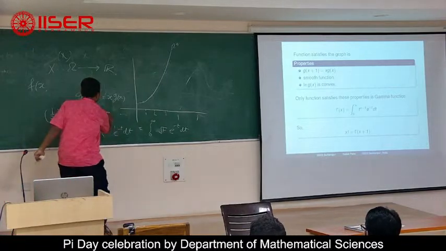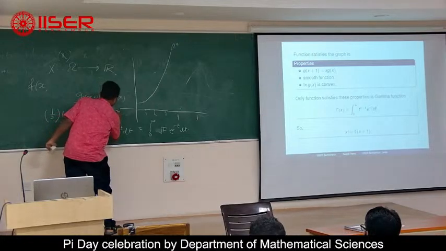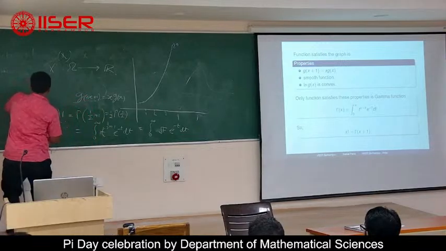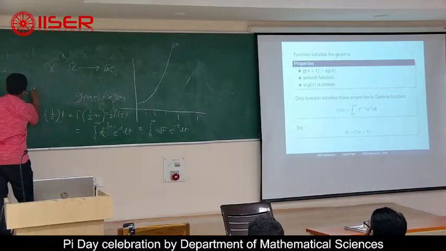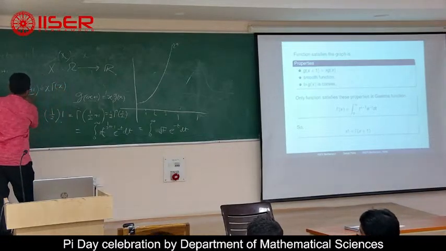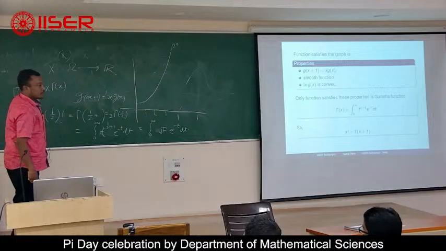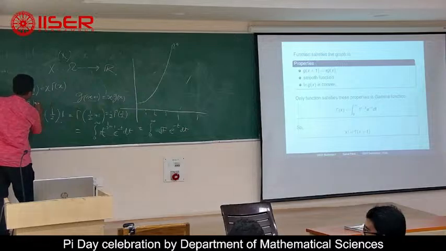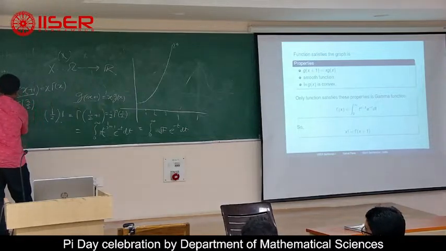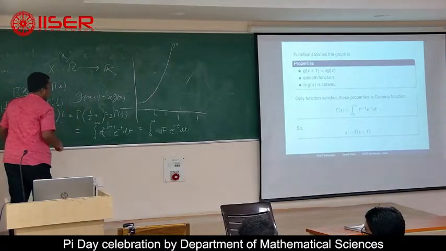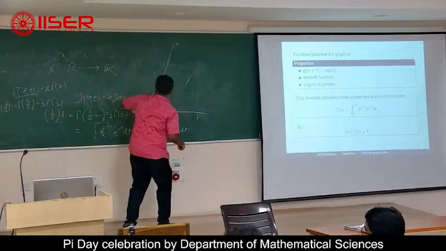We know the function satisfies gamma of x plus 1 equal to x gamma x. So if we put x to be half here, gamma of 3 by 2, basically the 3 half factorial, is half gamma half. So what is gamma half?